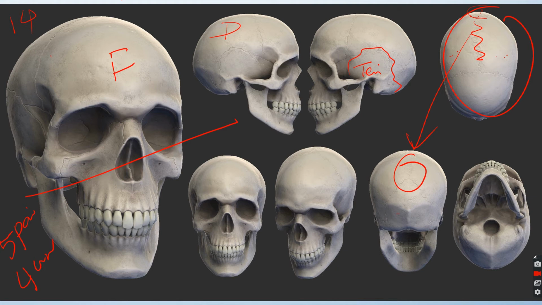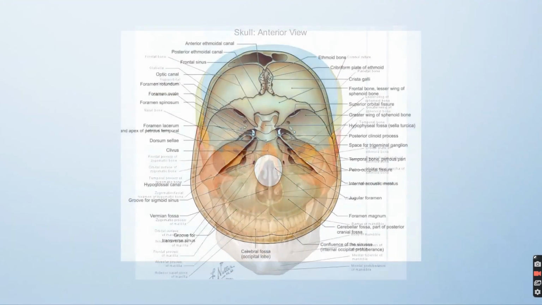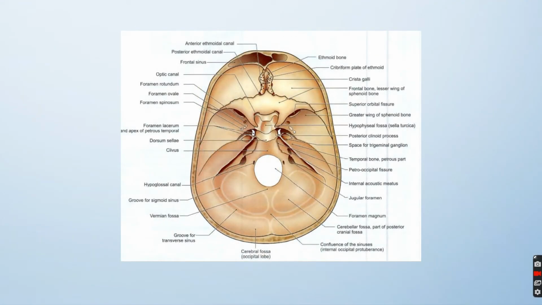Now let us go into paired and unpaired. First we'll go for the unpaired ones. The two unpaired bones you have seen here are the frontal bone and the occipital bone. You already know they are unpaired. The rest of the two bones are inside the skull, so I will now show you the picture of the inside of the skull. When you cut open the upper part, you see this inside.